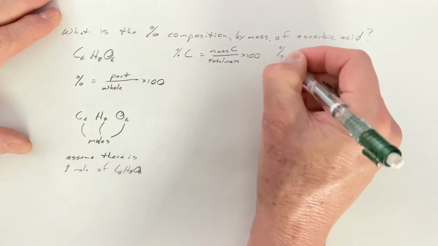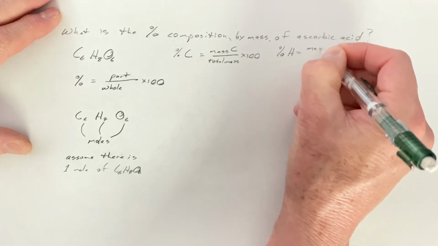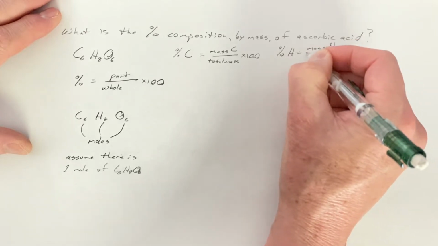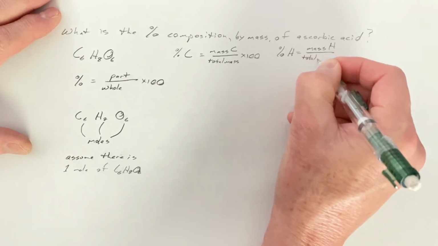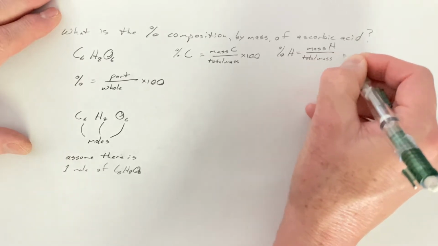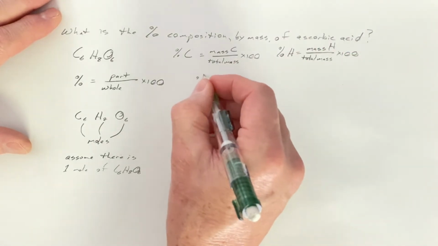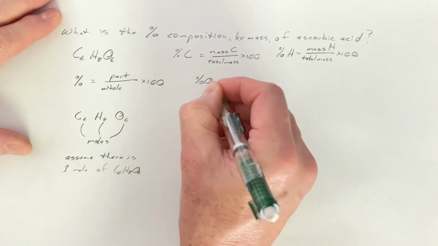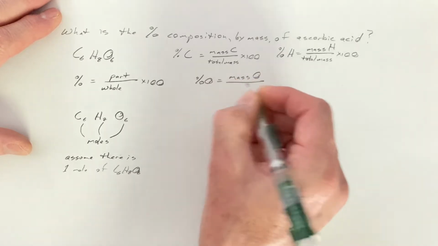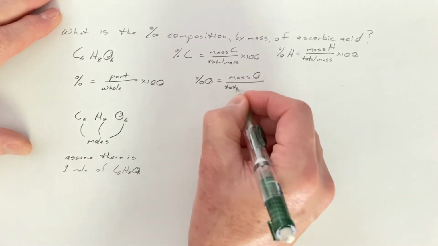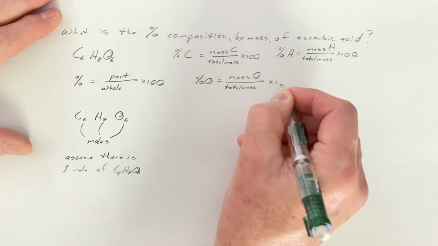The percent of hydrogen will equal the mass of hydrogen divided by the total mass, or the whole, times 100. And the percent oxygen will equal the mass of oxygen divided by the total mass times 100.